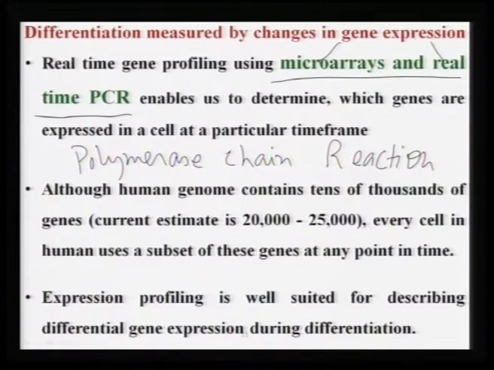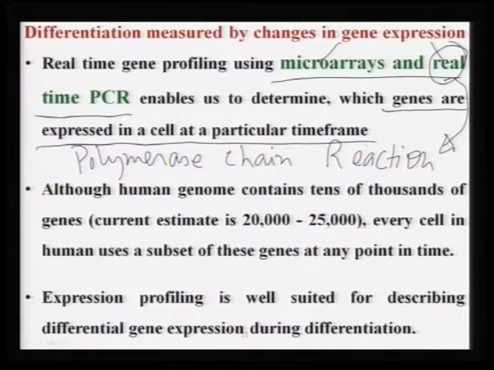Now, what is the principle of operation? I may be able to explain it for PCR, but not the other one. Once I explain the principle of PCR, you will realize that it can be very useful to quantify which genes are expressed during the cell differentiation process.